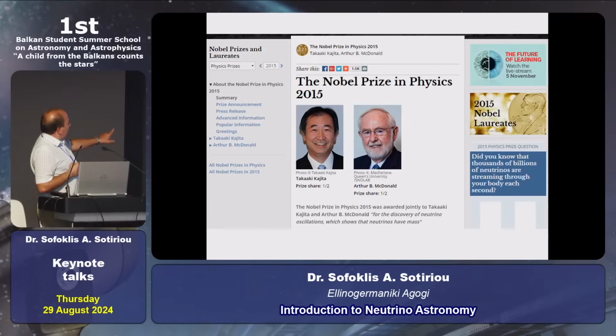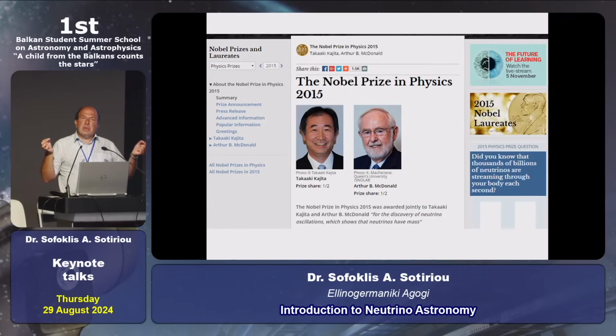The discovery of neutrino oscillations demonstrates that neutrinos have mass. In fact, at this moment, with all this work that we have done, we still don't know the exact mass of the neutrino.